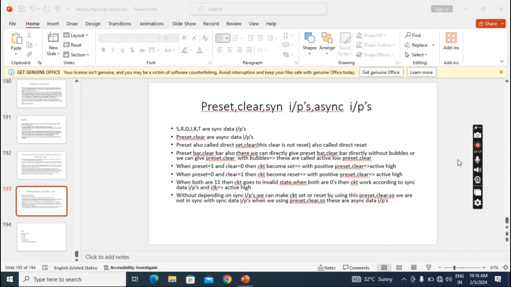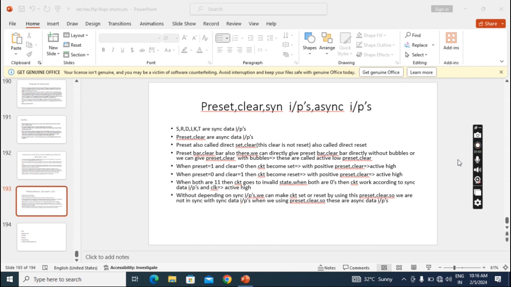Suppose we take active high. When preset equals 1 and clear equals 0, the circuit becomes set and Q becomes 1. So when we want to make the circuit set, we maintain preset 1 and clear 0 with positive logic. When we want to make the circuit reset, we make preset 0 and clear 1, also with positive logic.